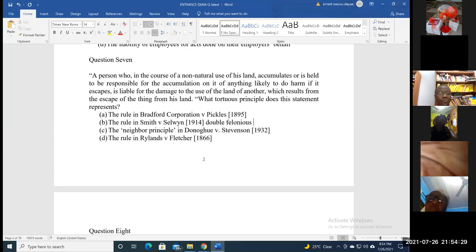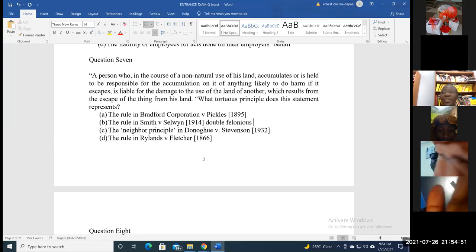So that is out. The neighbor principle in Donoghue and Stevenson is also out, because remember the famous Lord Atkin principle concerning the general imposition of the duty of care, that the categories of duty of care are not closed.